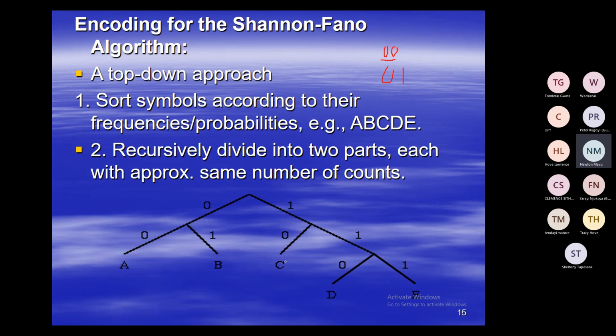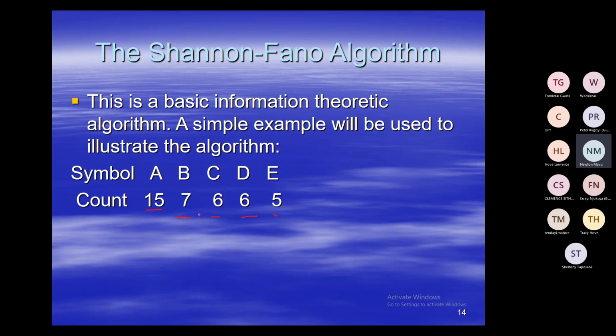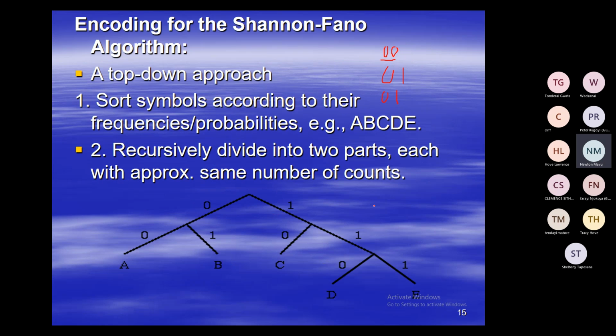Then for C, we are going to send what? For C, C is going to be 0, 1. We are going to send 2 bits for C. 2 bits by how many? By 6. Then for D, D is going to be 0, 1, 1. For D, we are now sending 3 bits, right?